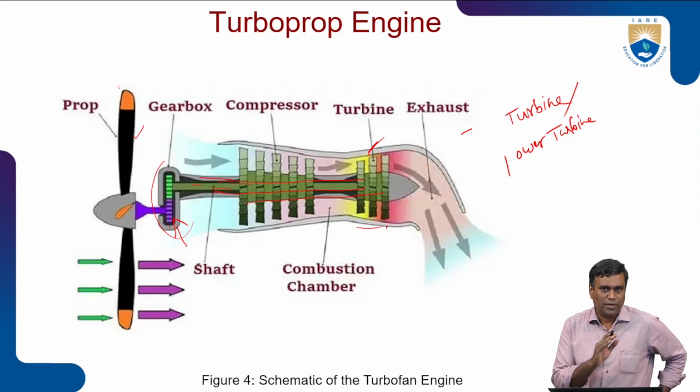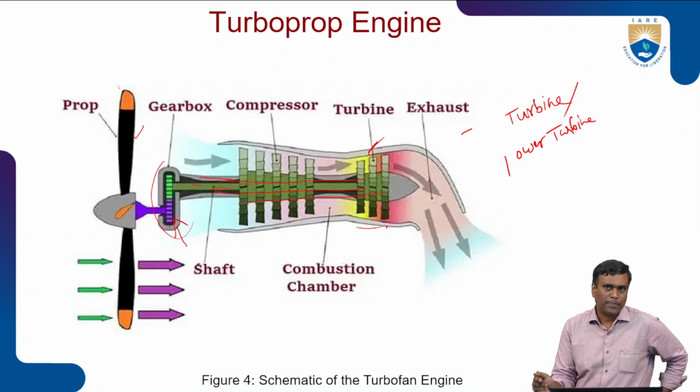Point number 2 is that the aerodynamic efficiency of the blade will come down because of high RPM, forming of shock waves and flow separation. Through this, aerodynamic efficiency will come down.